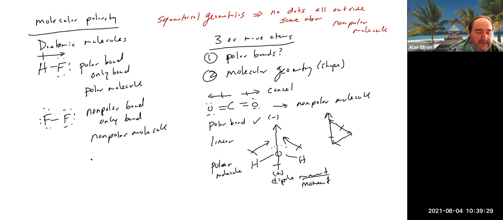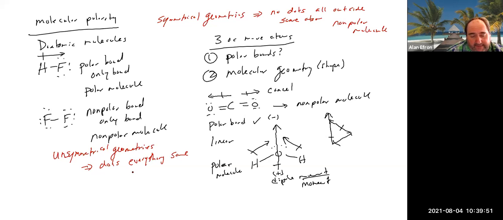Typically, if you draw your unsymmetrical geometries, where you draw your Lewis structure and you do have dots on the central atom, and everything on the outside is the same atom, that would typically be a polar molecule.